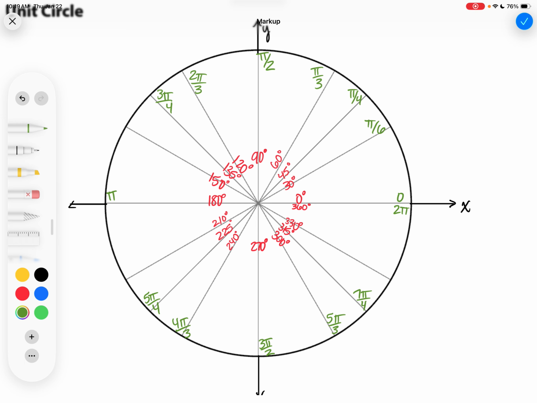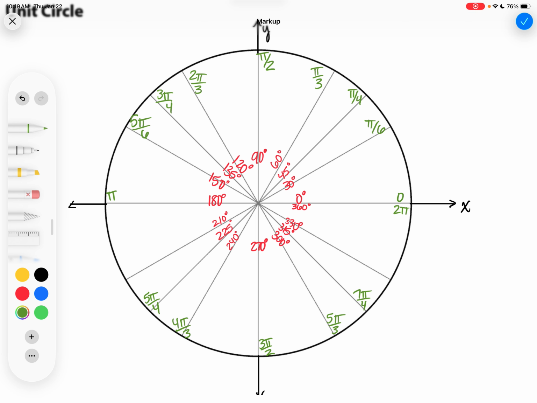Another 30 degrees puts me here at 2 pi over 6, which reduces to pi over 3. Another 30 degrees puts me up here at 3 pi over 6, which reduces to pi over 2. 4 pi over 6 reduces to 2 pi over 3. So then this is 5 pi over 6. And then 6 pi over 6 reduces to pi.